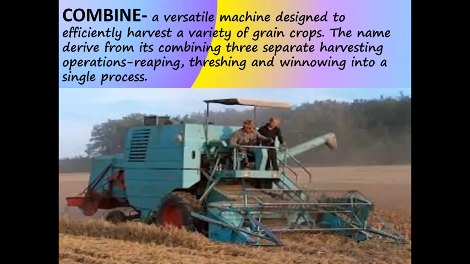The name is derived from its combining 3 separate harvesting operations, reaping, threshing, and winnowing, into just a single process. It harvests the crop, threshes, and separates husk from the grains simultaneously. Clean grains come out from the machine, which are stacked in gunny bags.